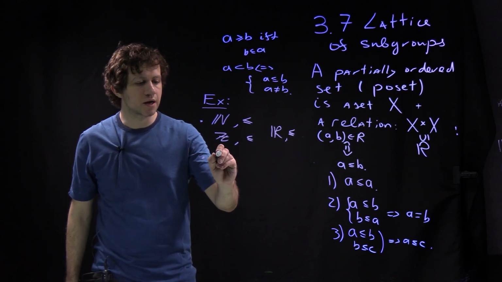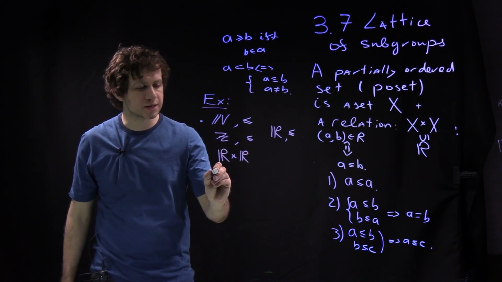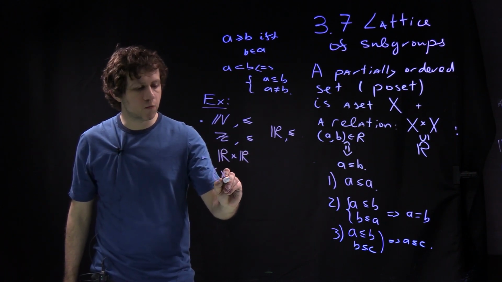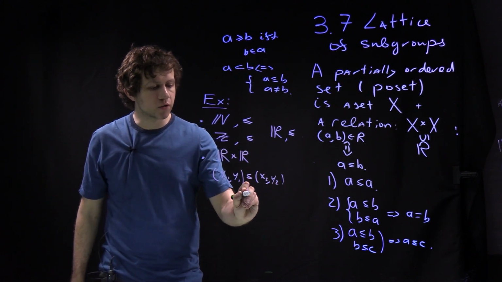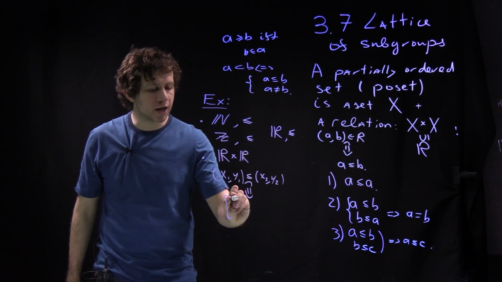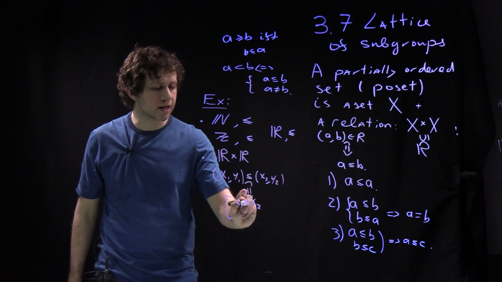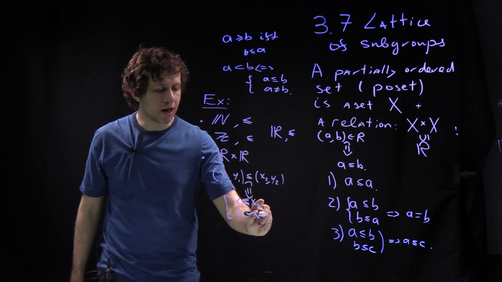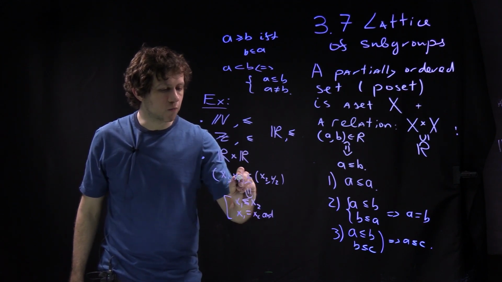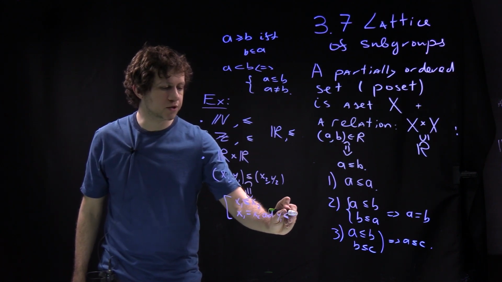For instance, you can take pairs of points in R squared, so just points of the plane, and then you can say that (x1, y1) is less or equal than (x2, y2) if and only if either x1 is strictly less than x2, or x1 is equal to x2 and y1 is less or equal than y2.